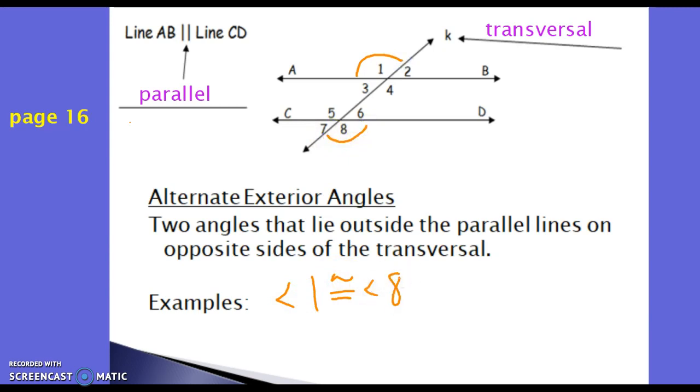Another pair of alternate exterior angles would be angle 2 and angle 7, and they are equal. So again, they're on the exterior part above and below the line, and they're diagonally across from each other on opposite sides or alternating sides of the transversal. So those are called alternate exterior angles.